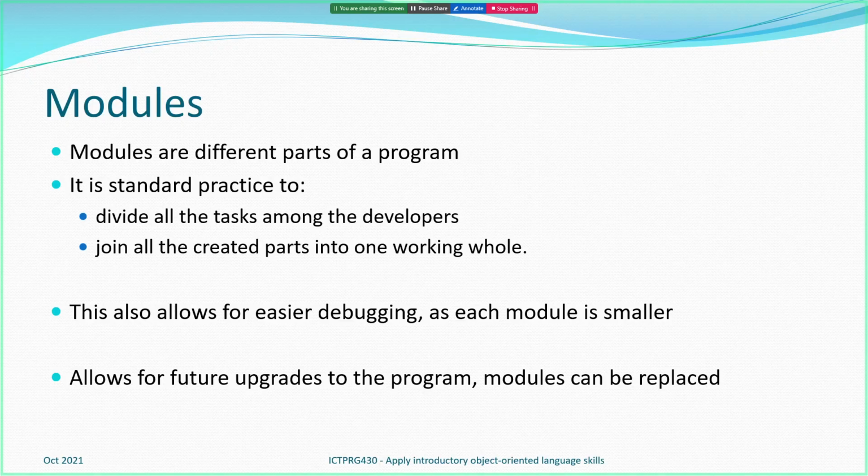You can then concentrate on debugging each module as it's a smaller part. This also allows you, in the future, to provide maintenance and upgrades by concentrating on particular modules and upgrading those modules.